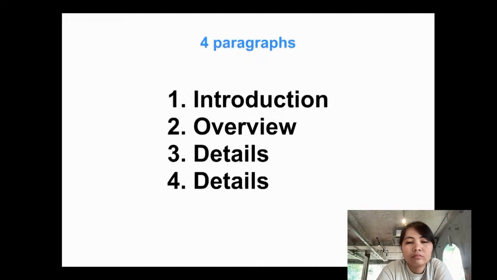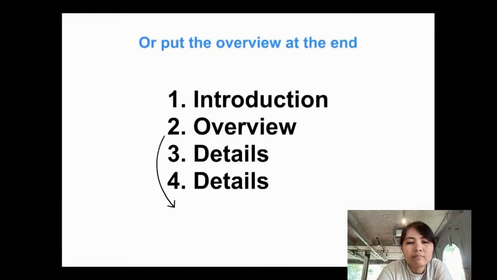The examiners call it an overview. And then 2 paragraphs of details. No conclusion. You notice I said that earlier in this lesson, but if you want, you can put the overview at the end. We can have a summary at the end. I personally prefer to put it second because I know how important the overview is for your score.